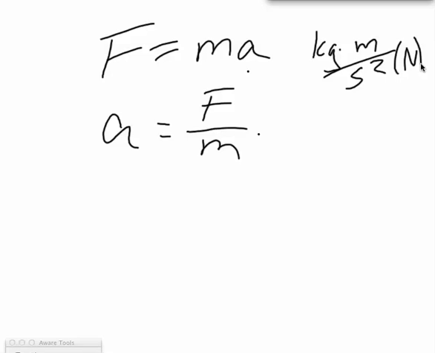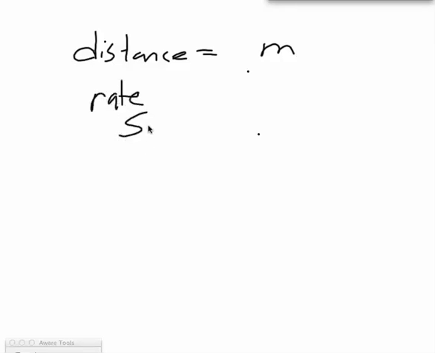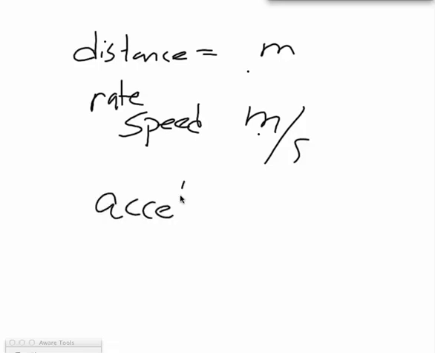All right, let's go backwards for just a second. In the beginning, we mentioned that distance is measured in meters, right? And if we want to know how quickly we change that distance, we find the rate involved. Some people call it rate, some people call it speed, right? And so we say it's meters per second, right? And if we want to find out how fast that rate of motion is changing, then we look at acceleration.